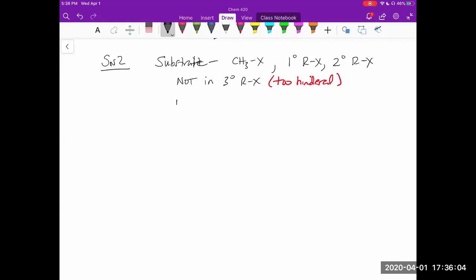There's another set of molecules it's not seen in, and I'm just going to draw them. Aryl halides, a halogen on a benzene ring, or a halogen on a double bond. Those are planar, and no backside attack is possible.